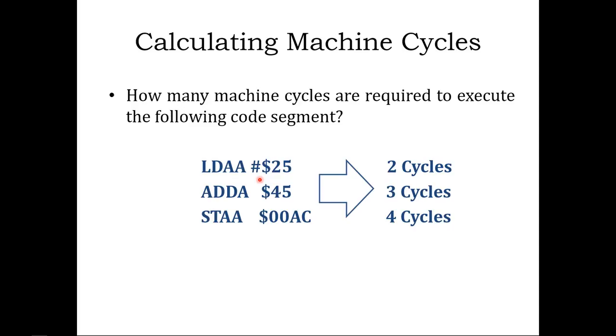Take your instruction set, look at LDAA and column 7, and look at the machine cycles given for the immediate type of instruction. If your instruction is immediate, for LDA, your machine cycle will be 2 cycles. Do you see it? Column 7.